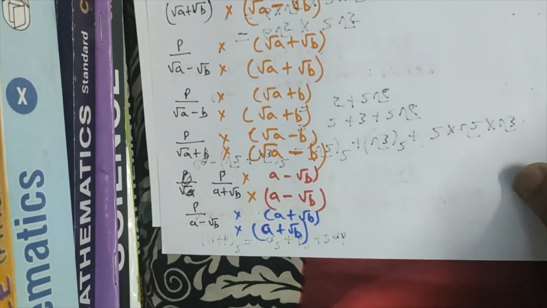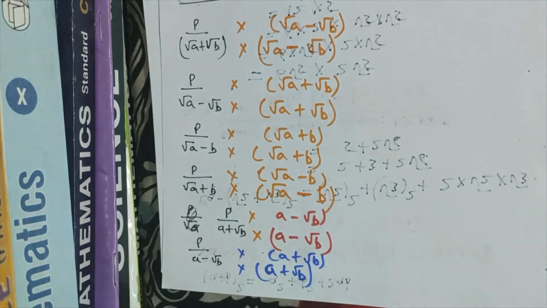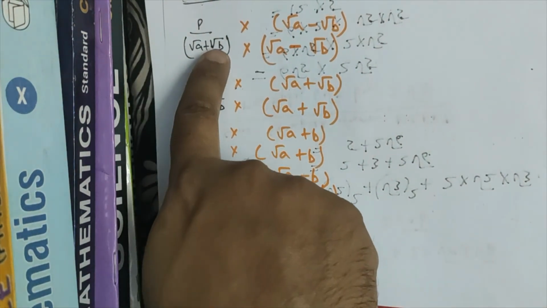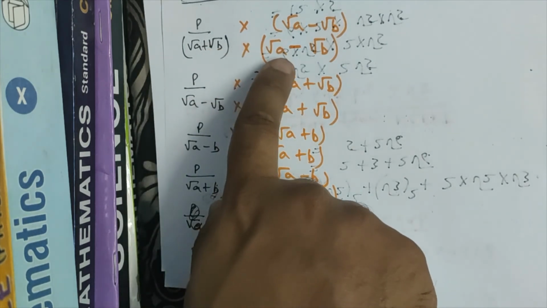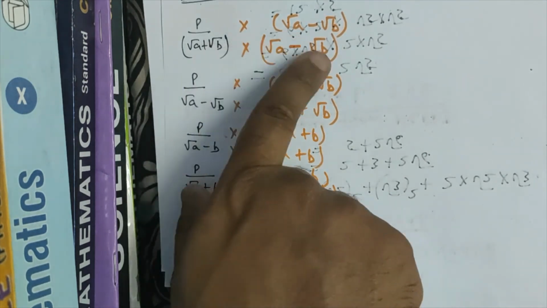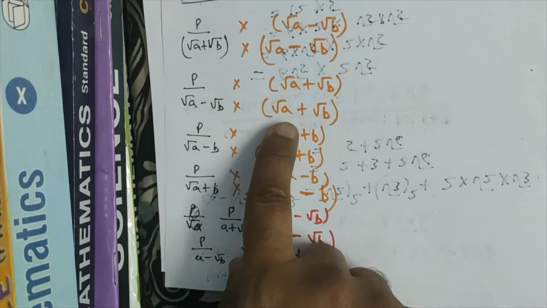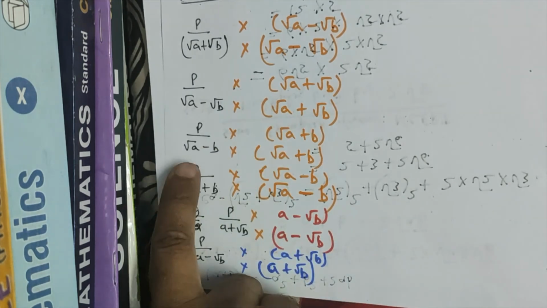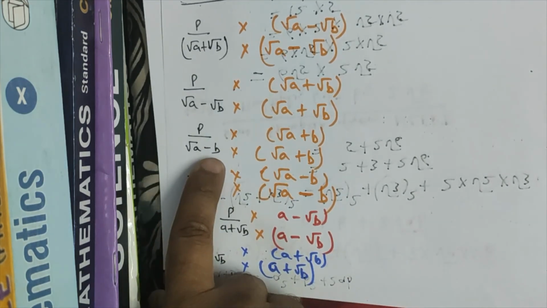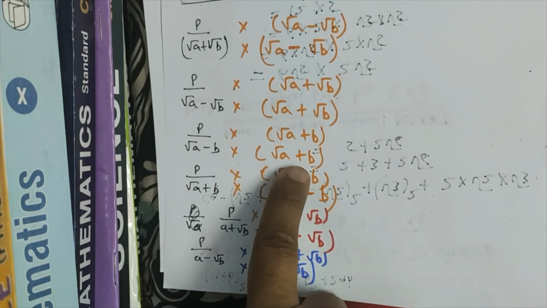Hope this is clear, that whatever we are having in the denominator, it will be multiplied with the opposite sign. If we are having root a plus root b in the denominator, it will be multiplied with root a minus root b. If we are having root a minus root b, root a plus root b will be multiplied in the numerator and denominator. If we are having root a minus b, then root a plus b will be multiplied in the numerator and denominator.